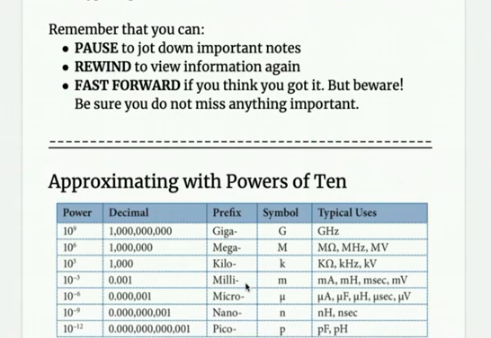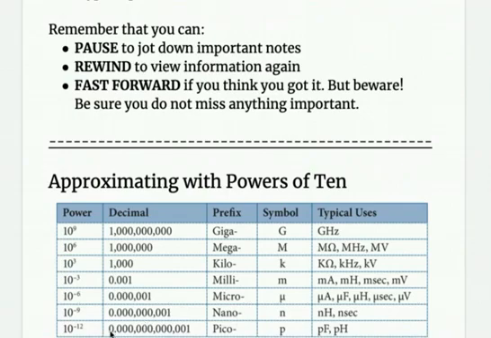10 to the negative 6th power has 5 of those zeros and the 1 as your non-zero digit, and that's a microsecond. 10 to the negative 9th power, 9 decimal places, or 8 zeros. Those are nanoseconds.